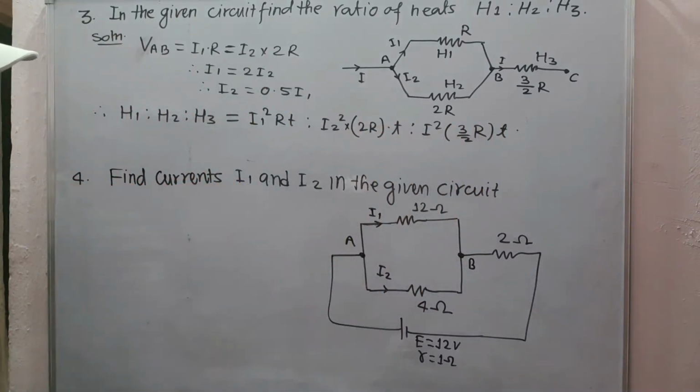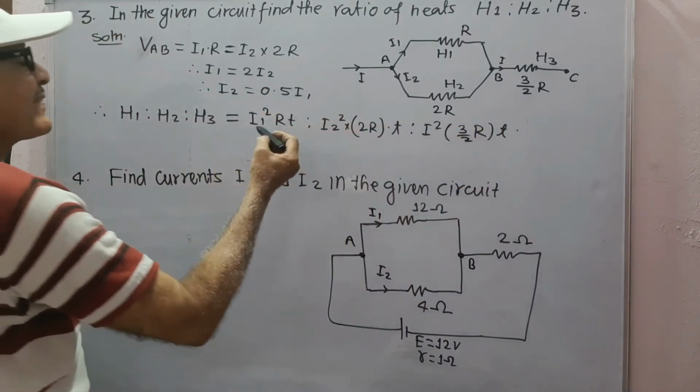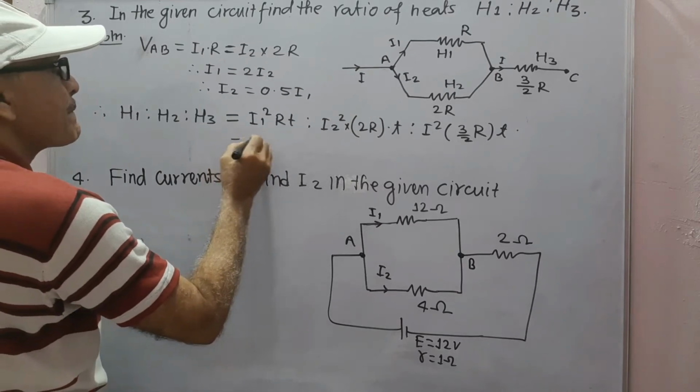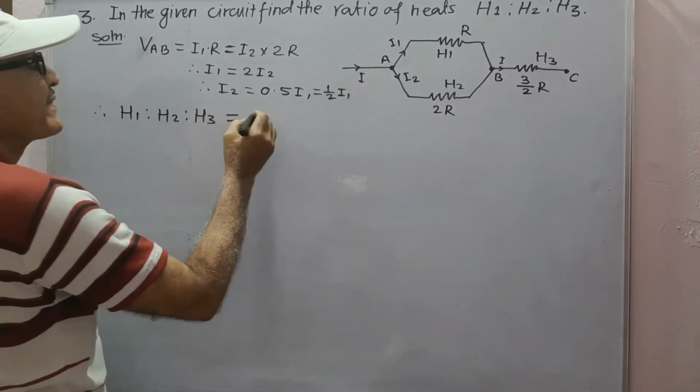Time is same, therefore can be cancelled. Ratio will be H1, H2, H3.